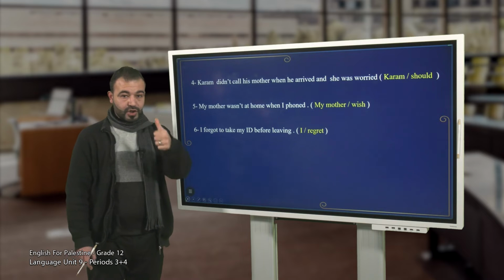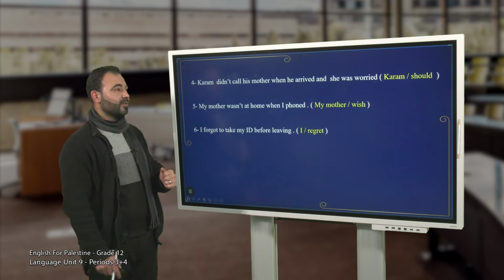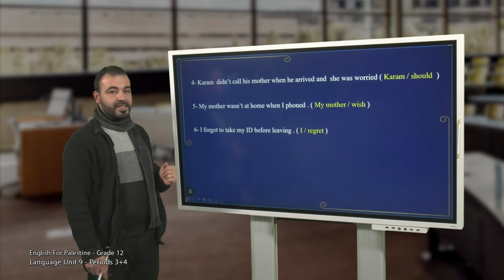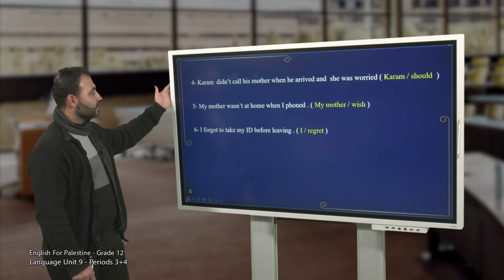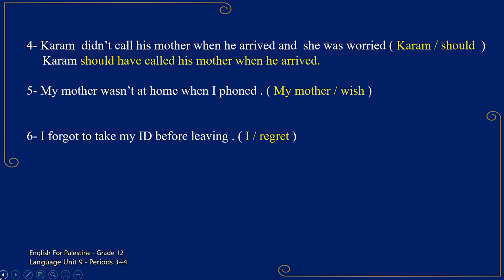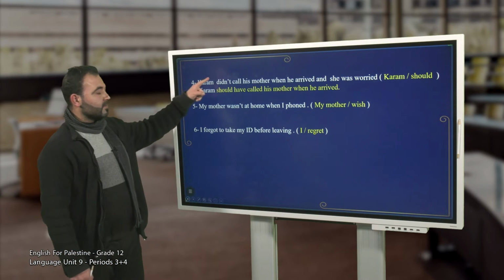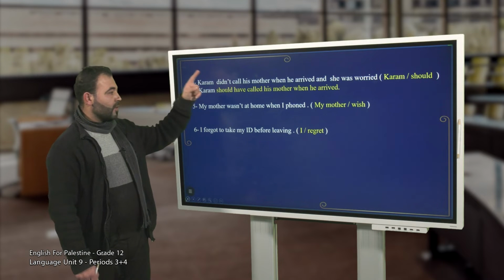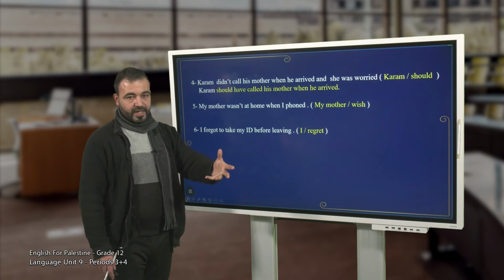Don't forget, should have plus the past participle form. And the answer is, for sentence number 4, Karam should have called his mother when he arrived. Negative sentence, positive sentence with should have.